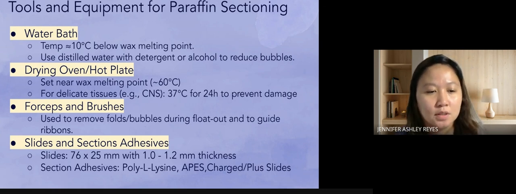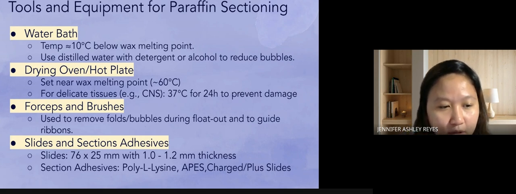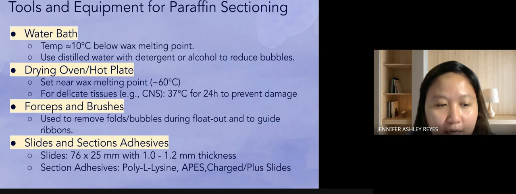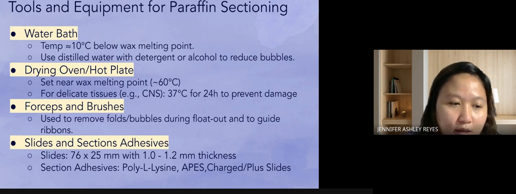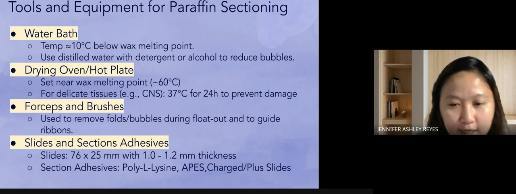That's almost 60 degrees Celsius. And if you use delicate tissues like brain or spinal cord, of course you have to use lower temperature, around 37 degrees overnight, so that the tissue integrity is not destroyed.